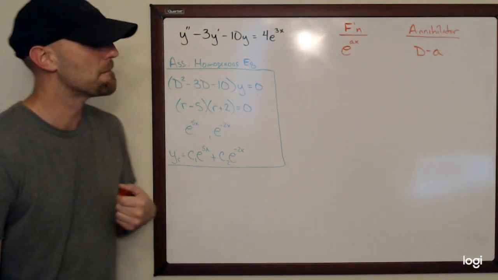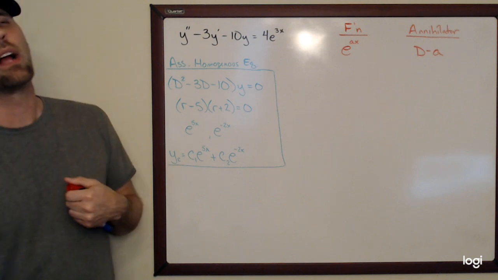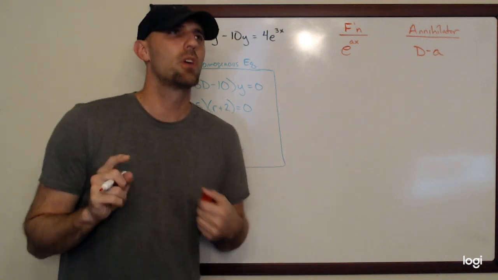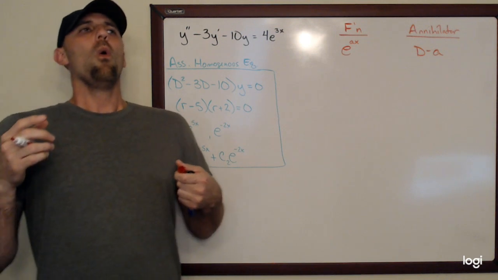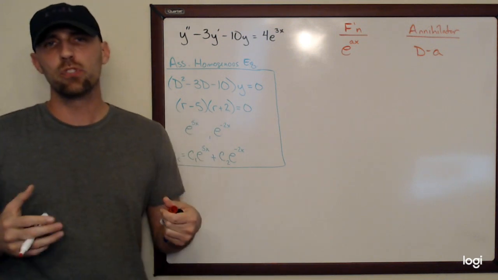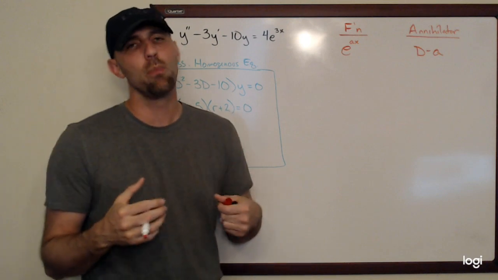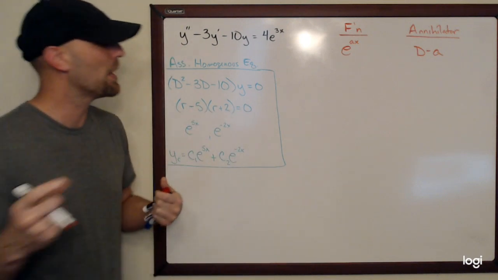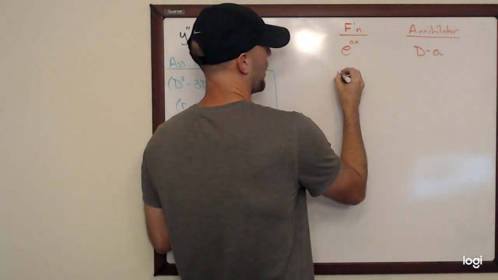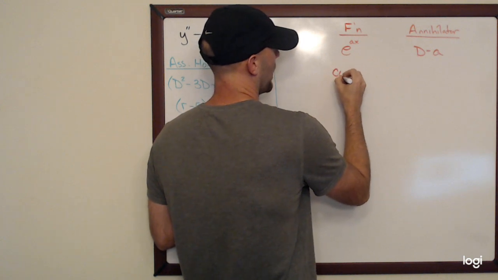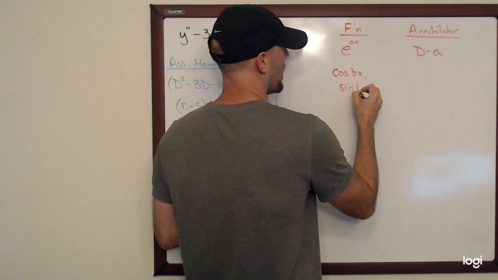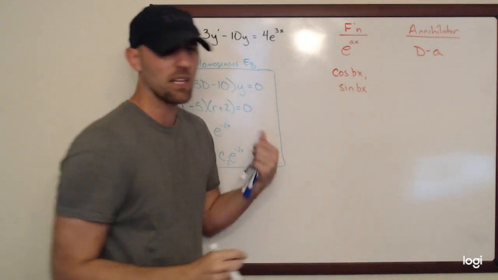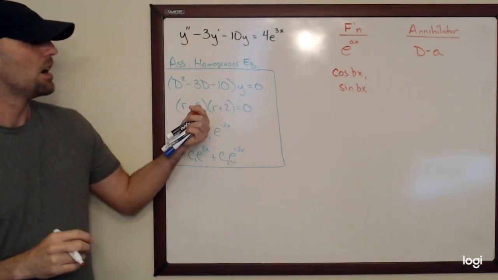Okay, fine. All right, so what about cosine and sine? Well, again, what would have generated cosine or sine? What would have been an auxiliary polynomial with complex values? Very specifically, I can say that cosine bx and sine bx are going to have the same annihilator, because they both come from the same function.